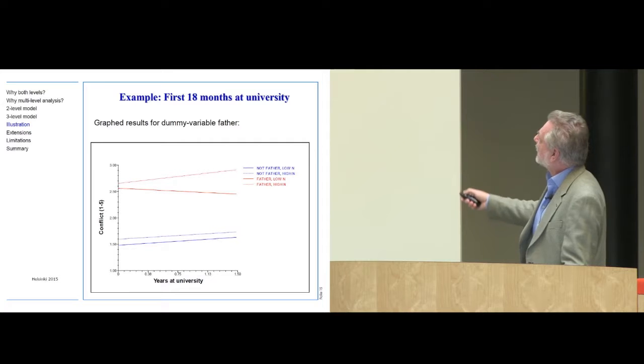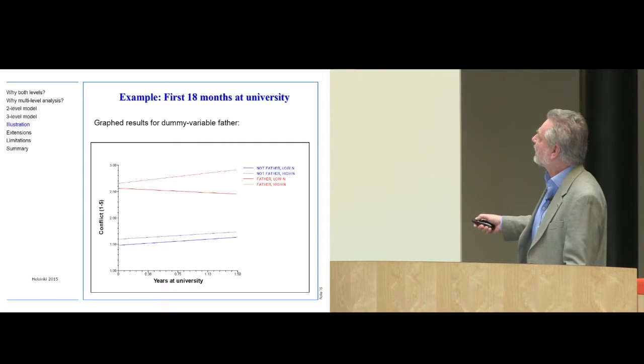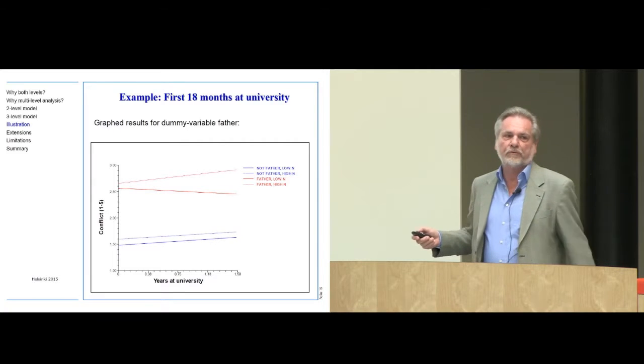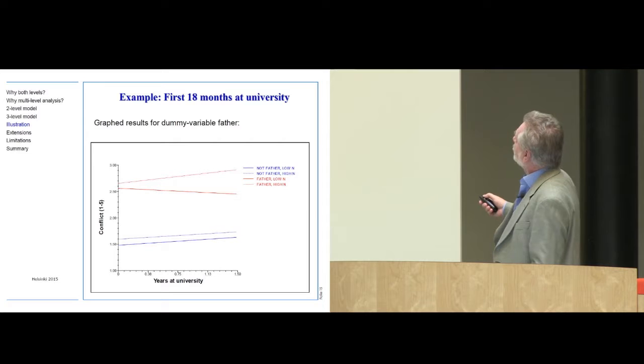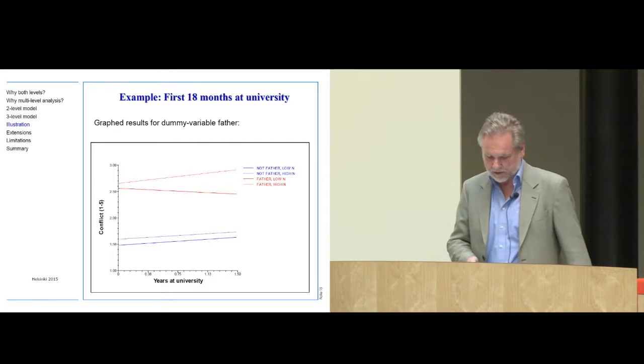And you see, of course, you have a huge effect of the father. There's always more conflict with the father than with other relationships. Very close relationships have more conflict than average relationships, but neuroticism makes it different also. Okay.